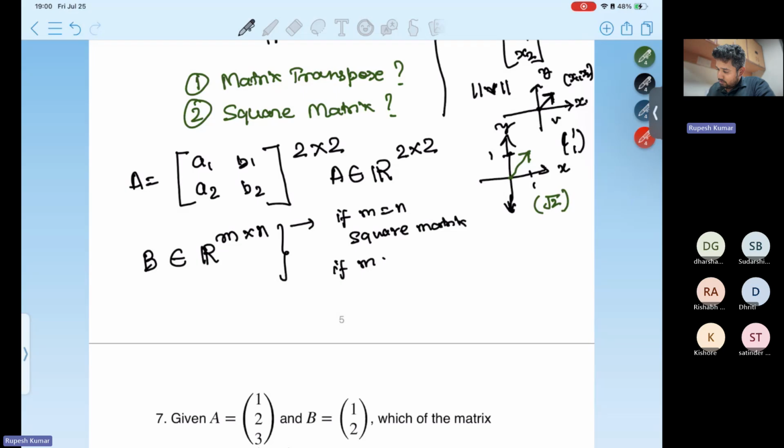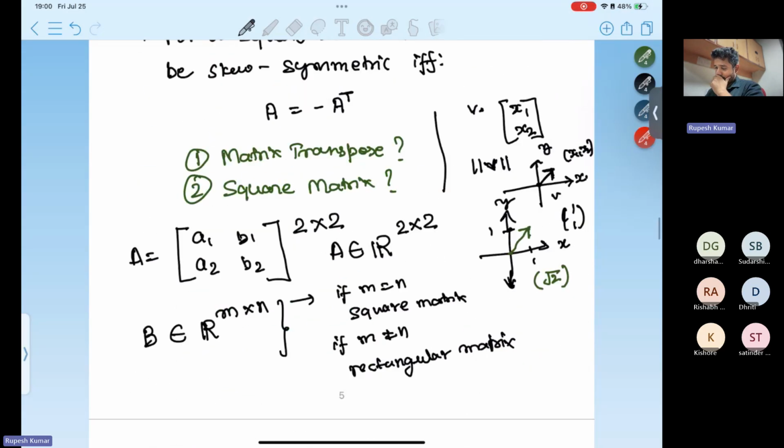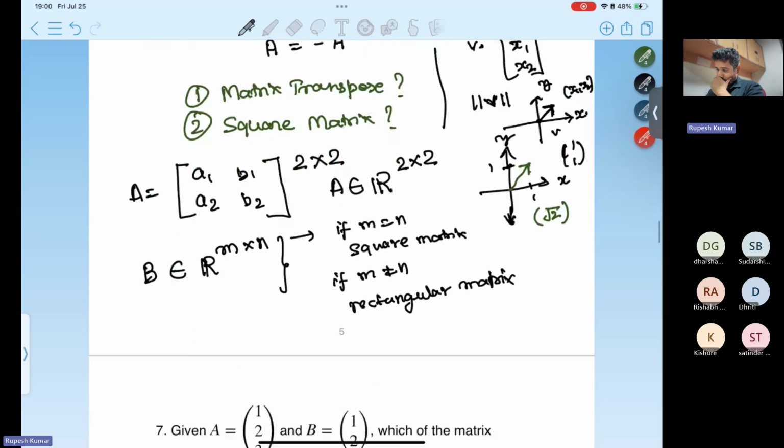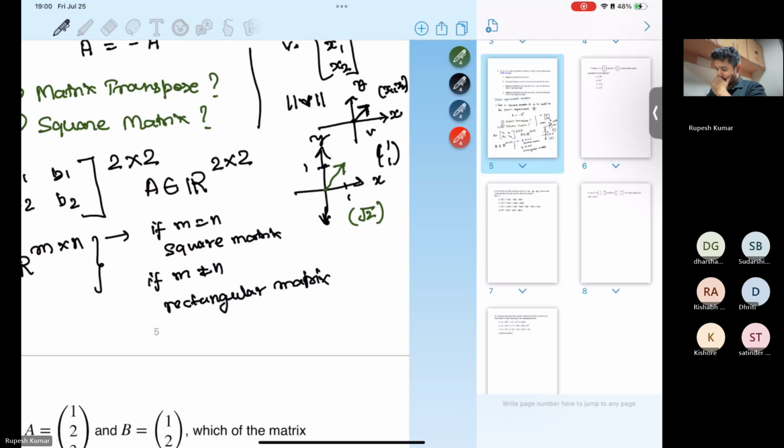If m does not equal n, then it is a rectangular matrix, right? Fine. So we are fine till here. Now we have established what is meant by a square matrix, right, everyone?